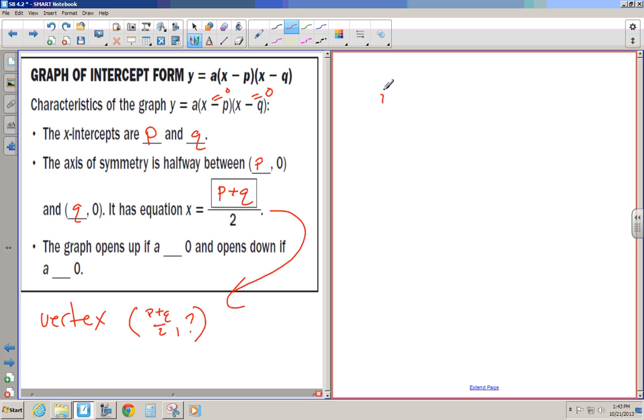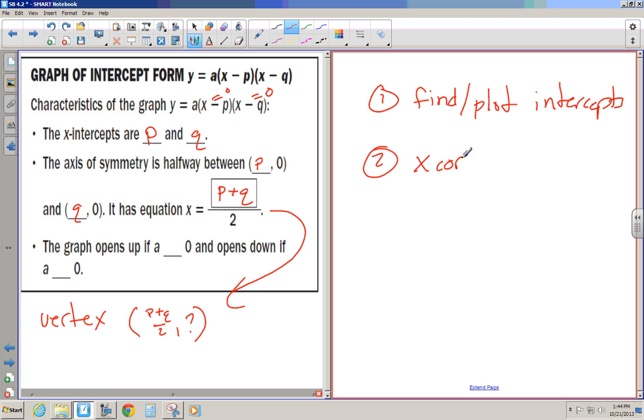So step 1 would be to find and plot intercepts. Step 2 is find the x-coordinate of the vertex using (p plus q) over 2.